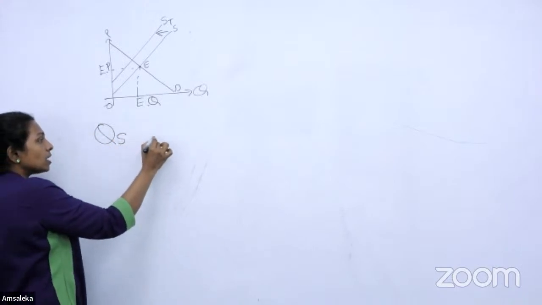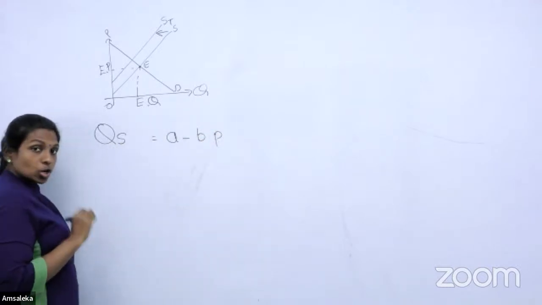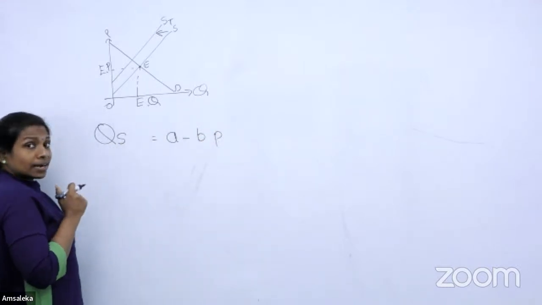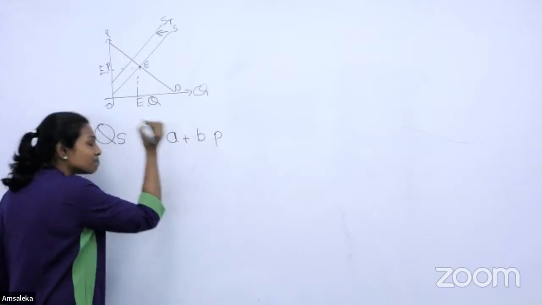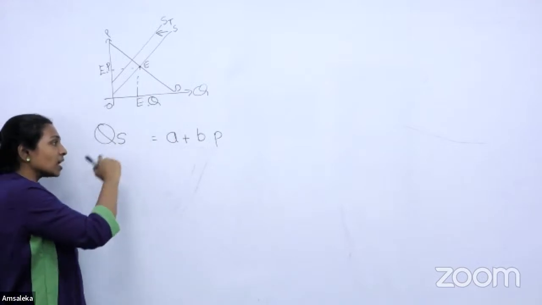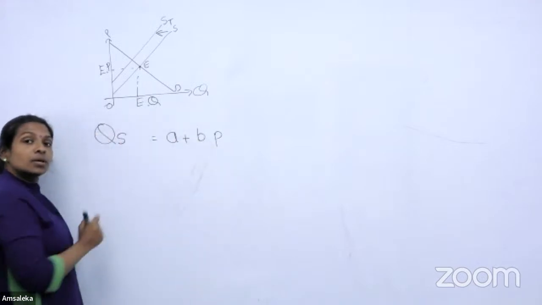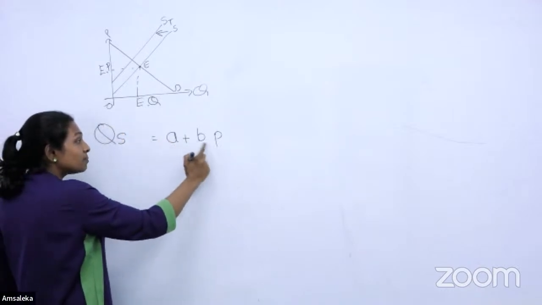The normal formula, you know, is A minus BP. Is that correct? No. Plus BP, a positive relationship, right? QS equals A plus BP.